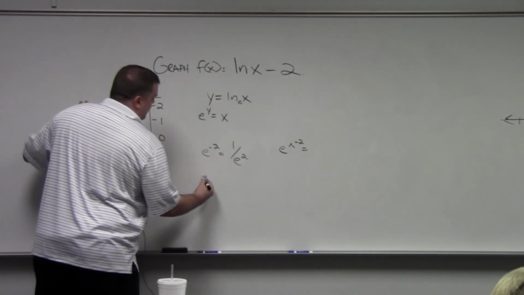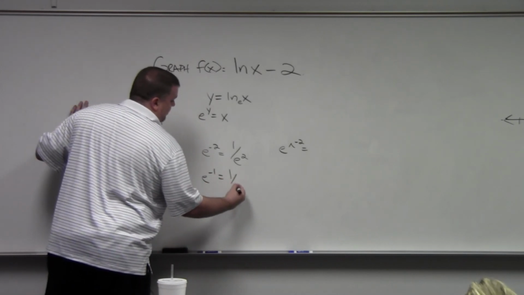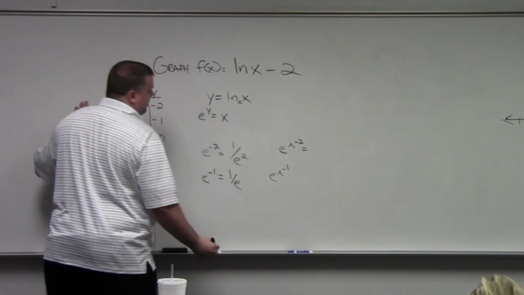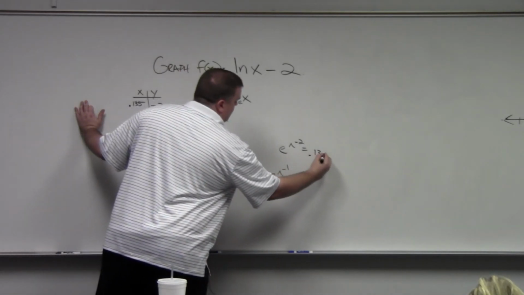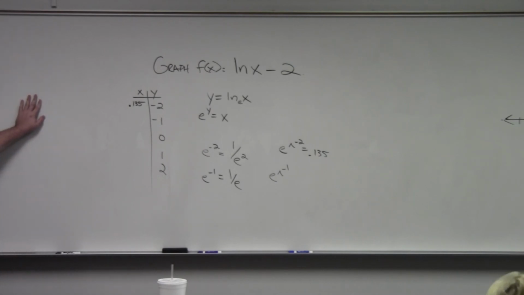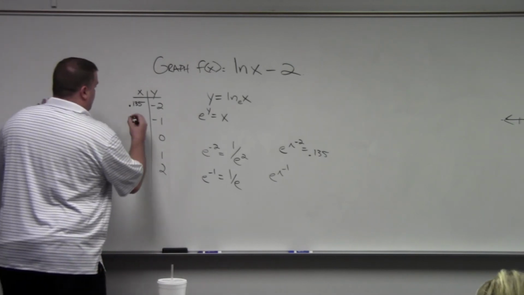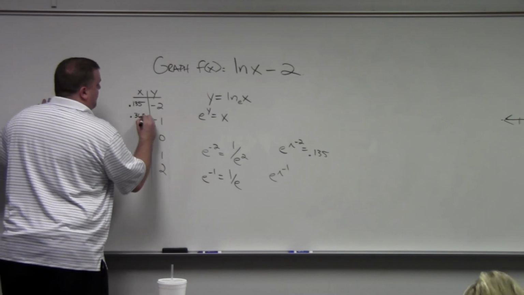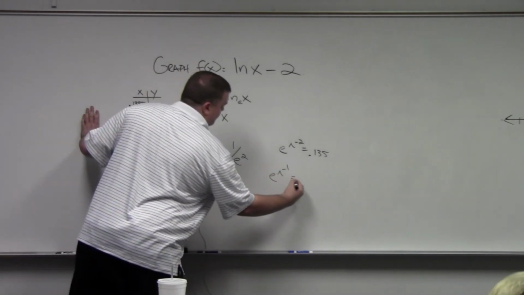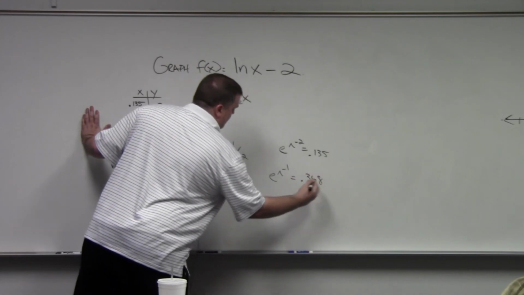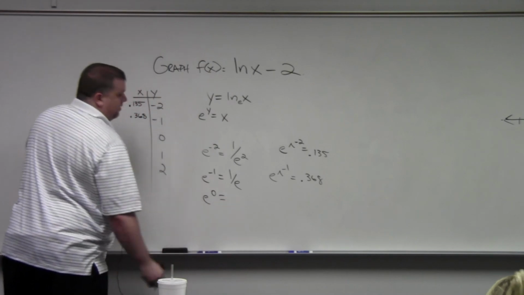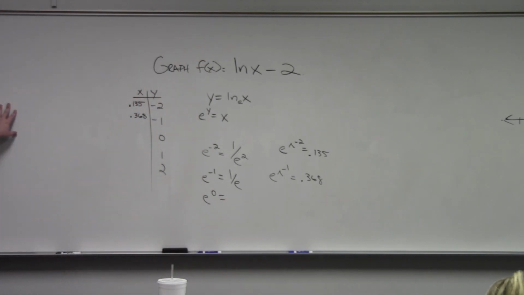The next one would be e to the -1st power, which is the same thing as 1 over e. But in your calculator, you can just put e to the -1 power. Should be like 0.4 or something. 0.368. Once again, these are approximations. E to the 0 power, well, that one's easy, right? Anything to the 0 power is 1.